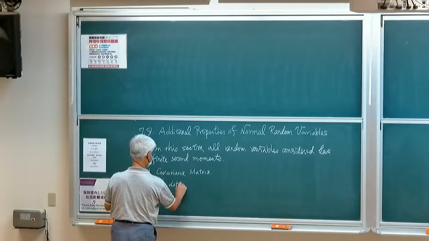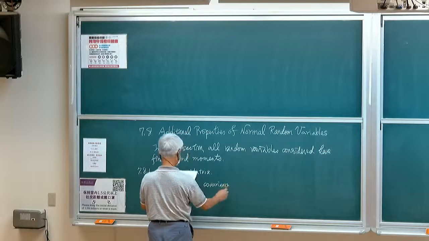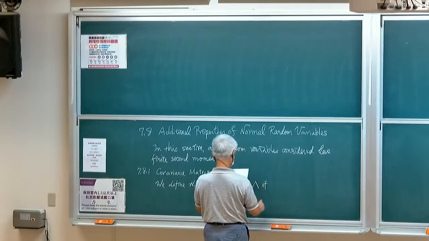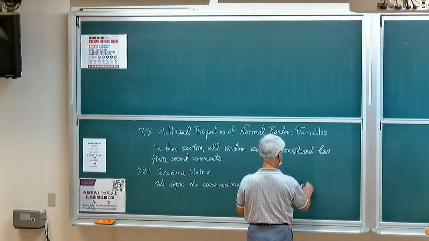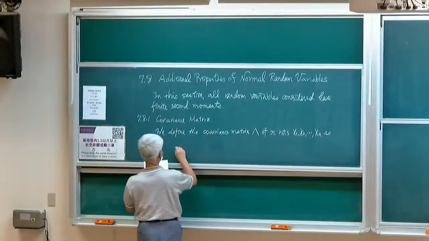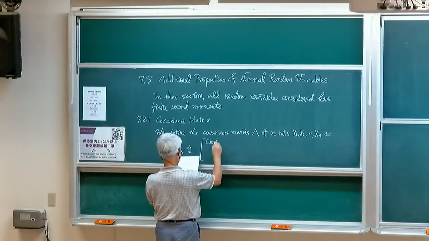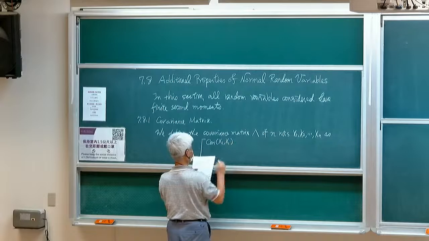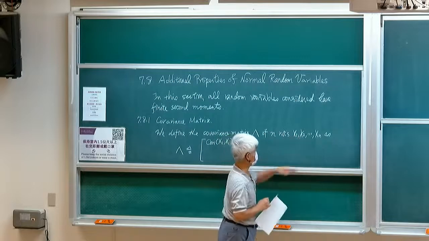We define the covariance matrix lambda of n random variables x sub 1, x sub 2 up to x sub n as the matrix formed by all possible covariances of random variables in this list.